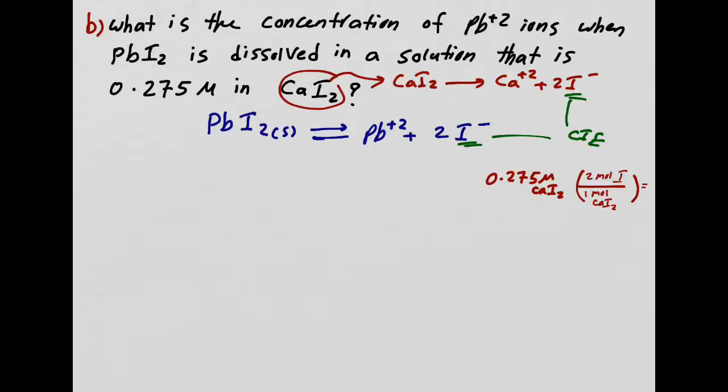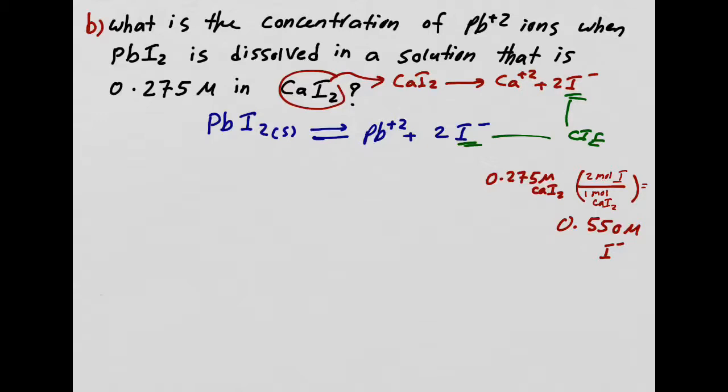So what I would end up getting is 0.550 molar of my I minus. Again, because when this breaks up, I have one of these, but this has 2 I, so I would have to times it by 2. You guys are following me so far?